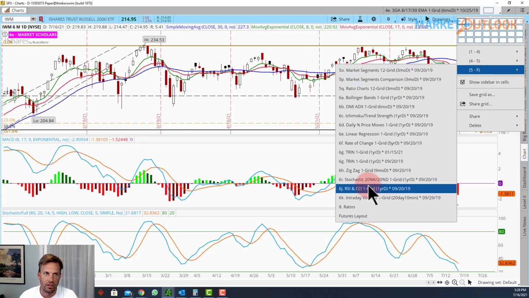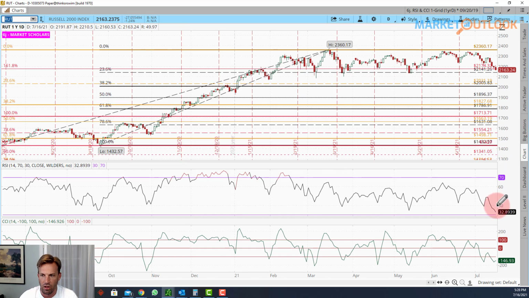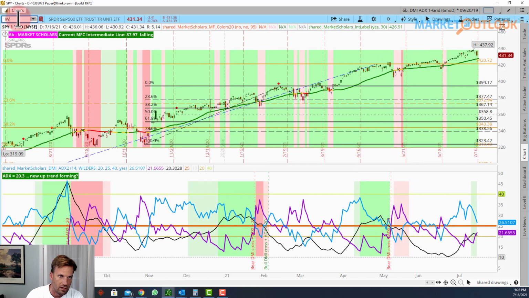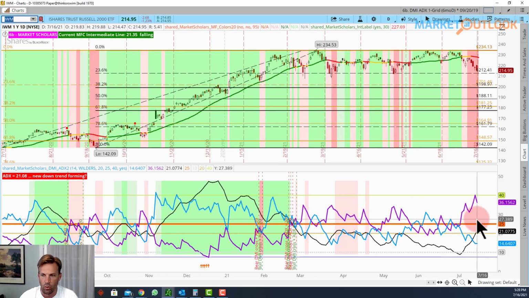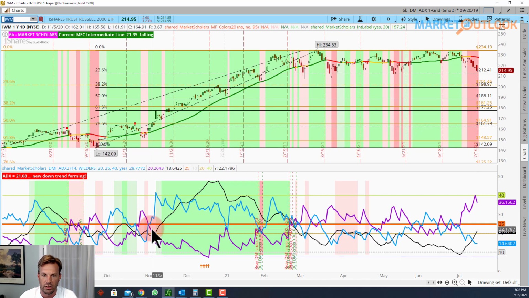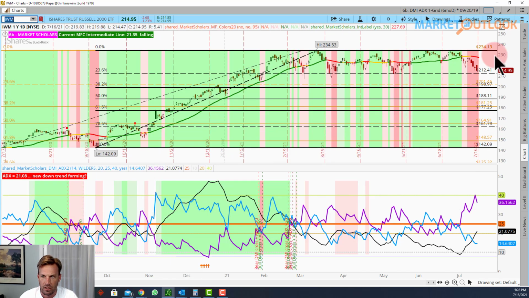Looking at some of the other oscillators, of course, for the RSI and the CCI, full-on bearish mode here. The directional movement index, full-on bearish mode there as well, well above 30, well below 20. The ADX is rising now up above 20. Should be getting a light green shading here as it crosses up above 20.